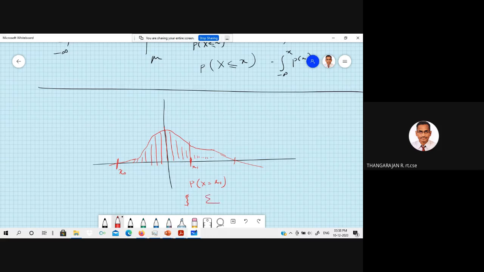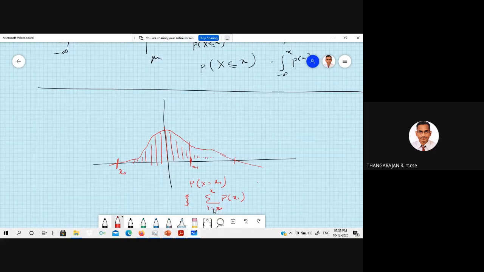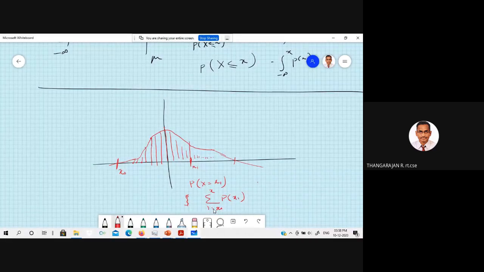So I have to sum: the sum over i from x0 to x1 of p of xi. You have to take each point like this, compute the p of i at that particular point, and just add them. Okay, and that gives you the probability of x less than or equal to some x1.